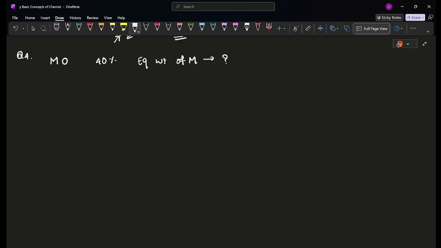This is what we're supposed to find. Now, since it is MO, the metal could be monovalent.